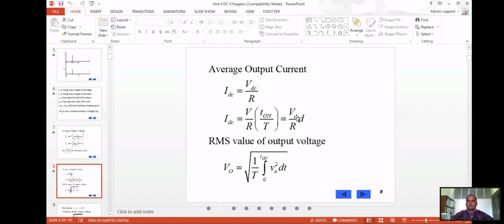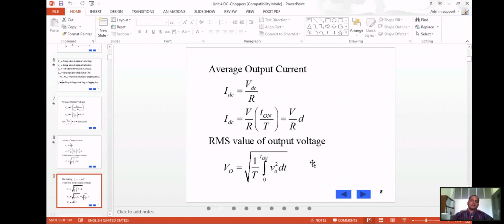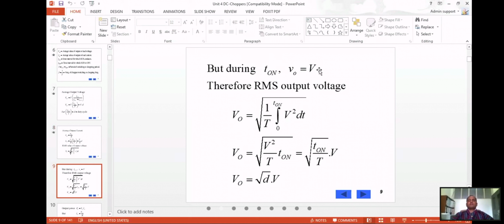V naught will be the root of 1 by T times the integration from 0 to T on of V naught square dt. We know that when the SCR is on, the output voltage V naught is equal to V. So if you integrate this from 0 to T on, you will get T on divided by T times V square. So the RMS output voltage will be root D dot V.